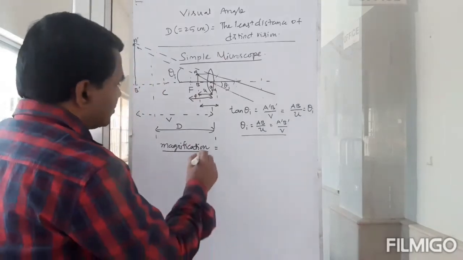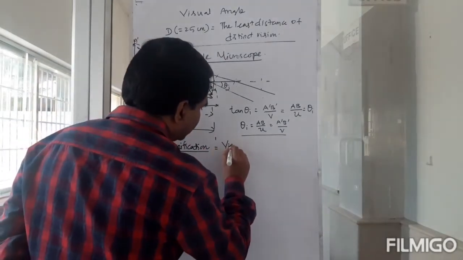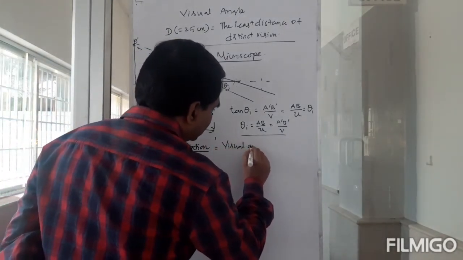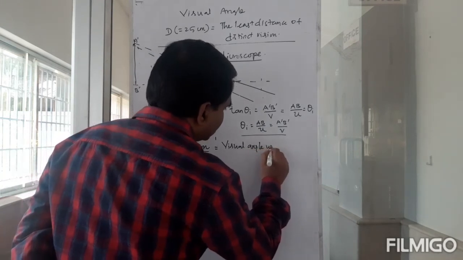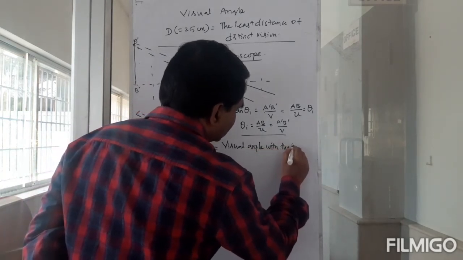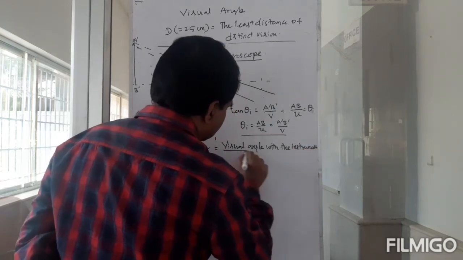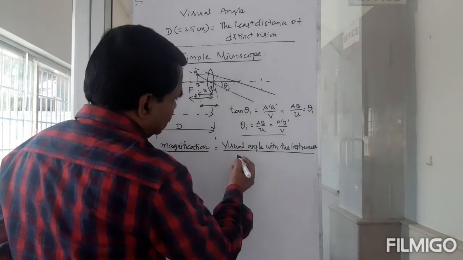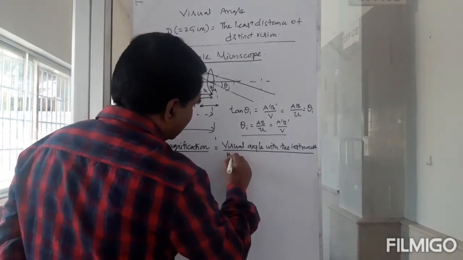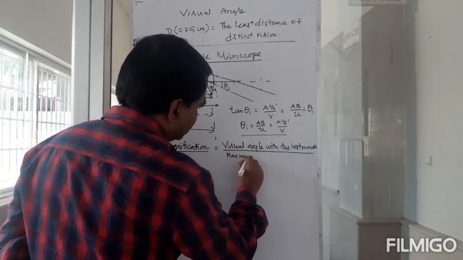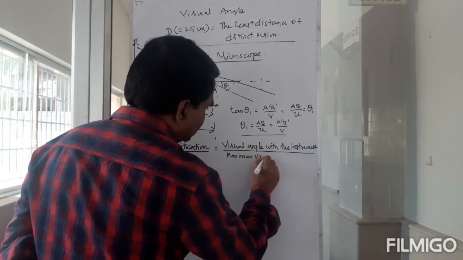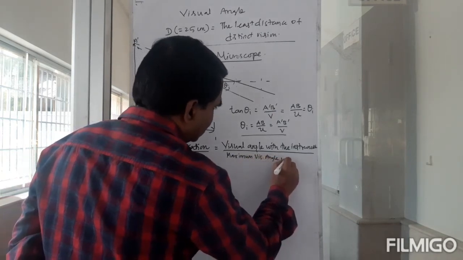The visual angle with the instrument divided by the maximum visual angle without the instrument.